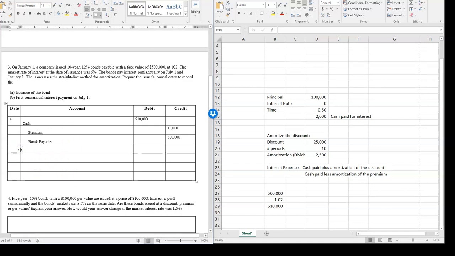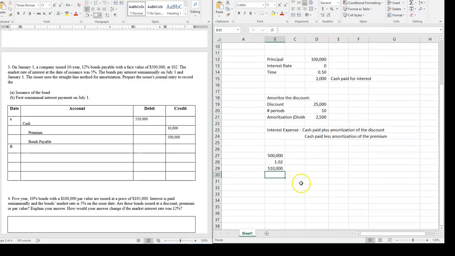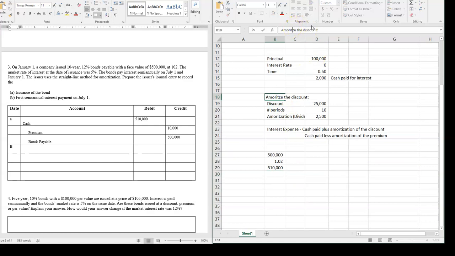All right, now I'm ready to do letter B. So letter B says that we paid interest semi-annually and also amortized our premium. So let's go ahead and do our amortization. I gotta fix that typo. Let's do our cash payment calculation first.